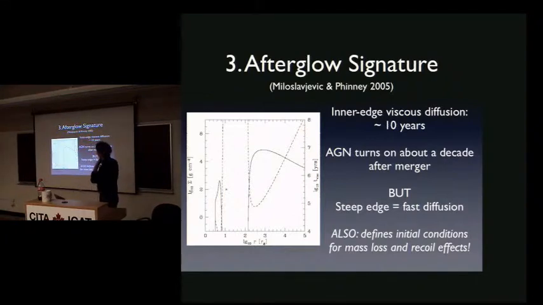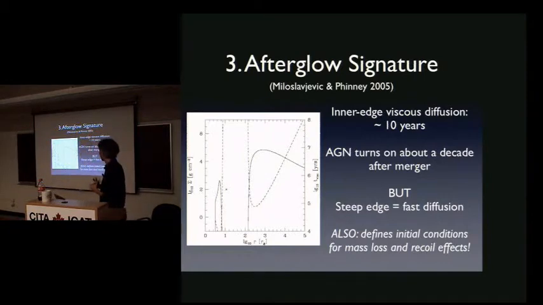And so Menou and Phinney have done a model of this, trying to estimate the typical time scale on which, by this simplest viscous accretion, the bulk of this mass would accrete onto the massive black hole. At the typical separation of 100 gravitational radii, the time scale they came up with is a decade. You can do that estimate.